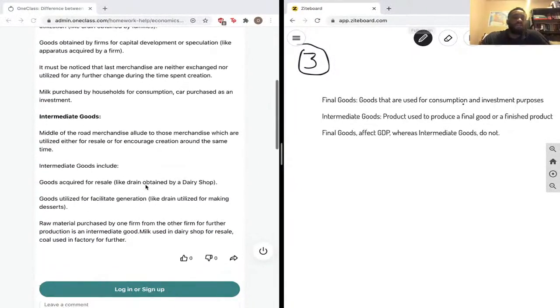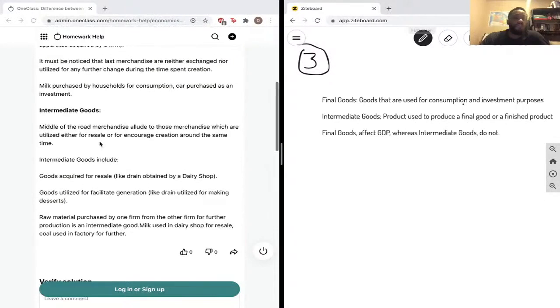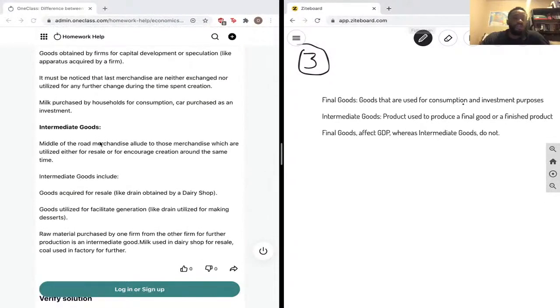And then let's look at intermediate goods. So we know these are products that are used to produce final goods or a finished product. Our tutor defines it as middle of the road merchandise, which alludes to those goods which are utilized either for resale or for further production.